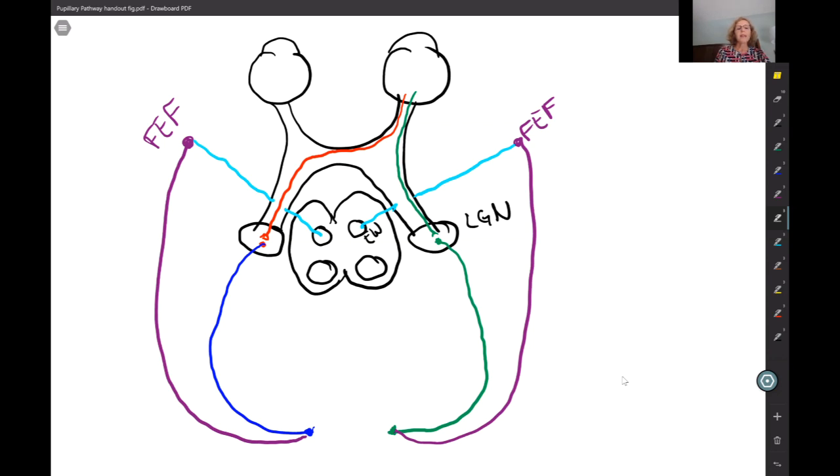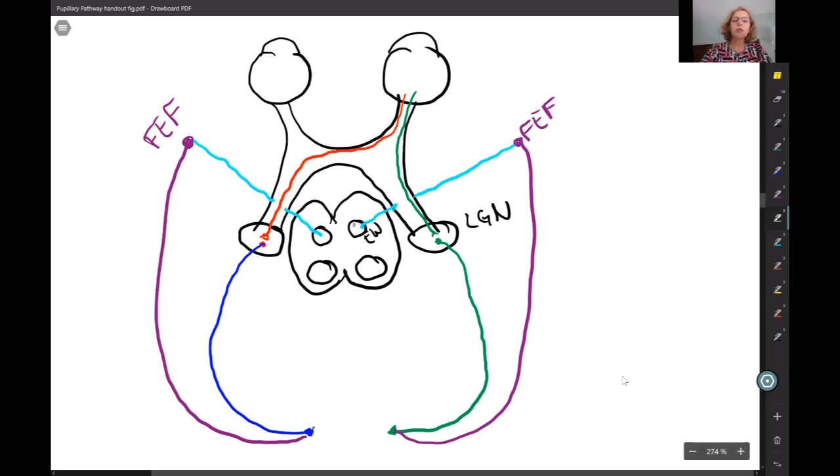From here, the near pupillary pathway is going to follow the same pathway as the light reflex. So it leaves the Edinger-Westphal nucleus in cranial nerve 3.